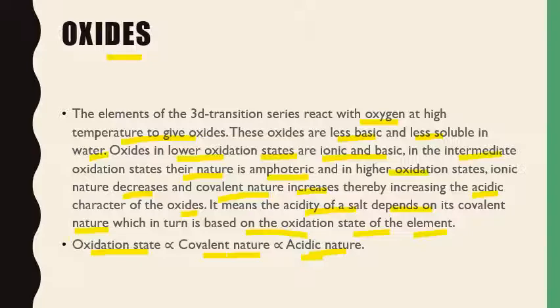So this is the main point to remember for the oxide nature. Okay, so remember this: oxidation state is directly proportional to the covalent nature and directly proportional to the acidic nature.